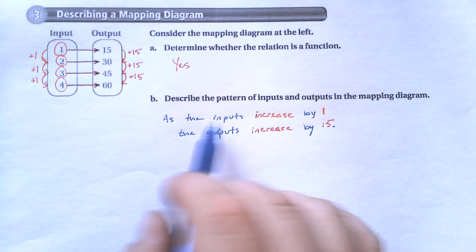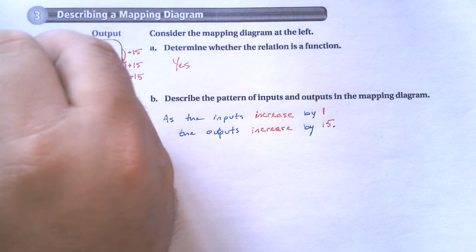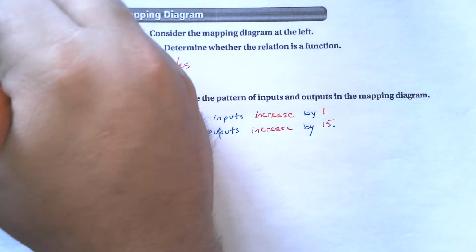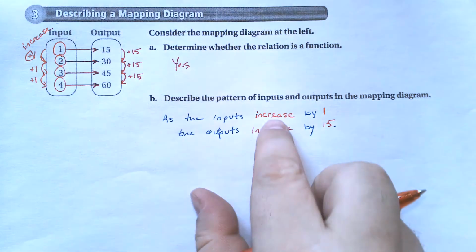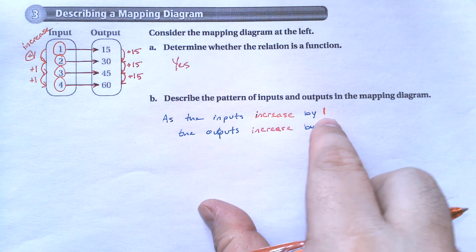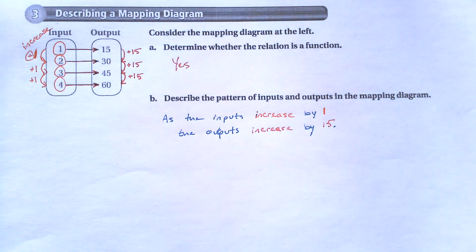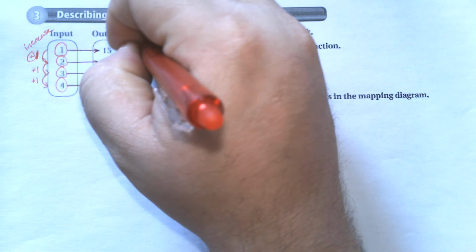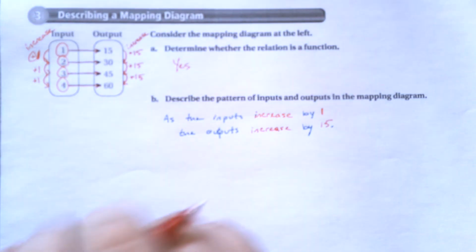So as the inputs increase, now this word increase came because I'm adding, which is why I use that word here, by 1. Well, that was just my number that I was increasing by. Then the outputs were increasing, again, increase because we're adding. The outputs increase by 15.